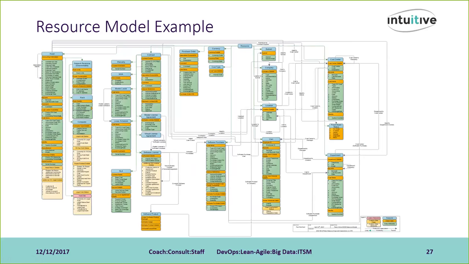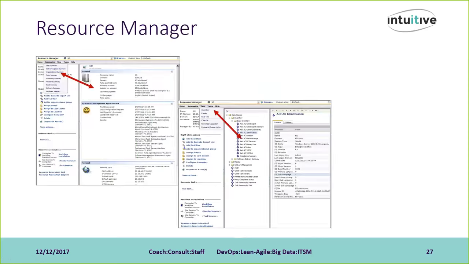Okay, next up is the resource manager. The resource manager is a great tool that is part of the Symantec Management Console's web page that displays much of the information contained in the CMDB for a given resource, along with tools to perform actions on the resource, but in a great graphical representation of the resource itself.